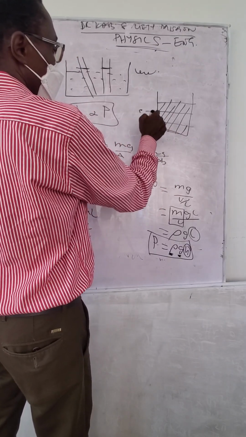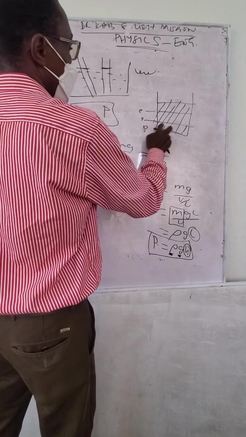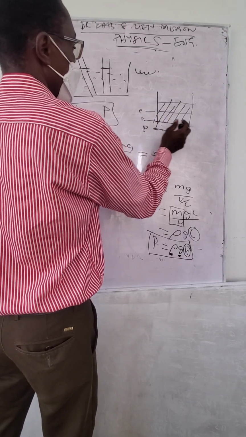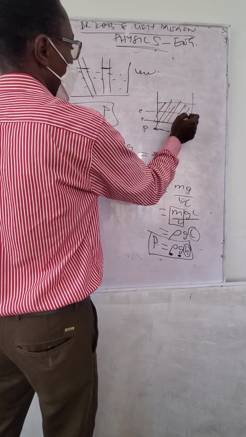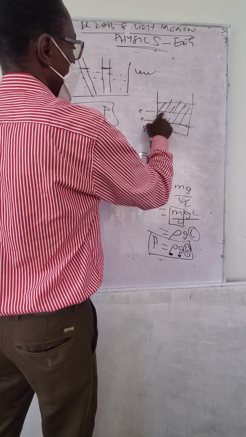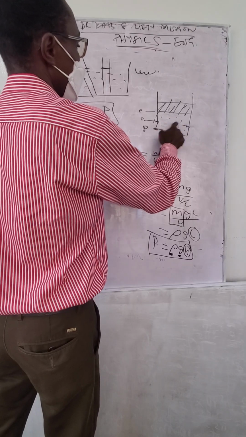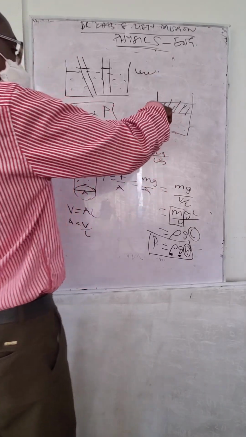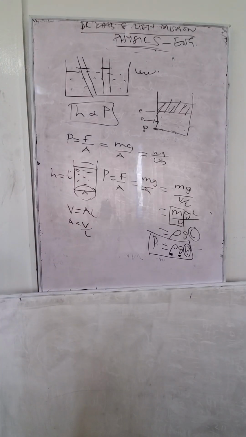Now, if you come here, if you want the pressure at this level, the volume of fluid on it is less, so this pressure will be less than this. If you come to this level, then this is what you're going to have. So the pressure increases with the depth.